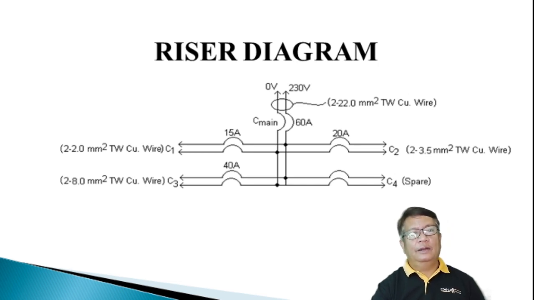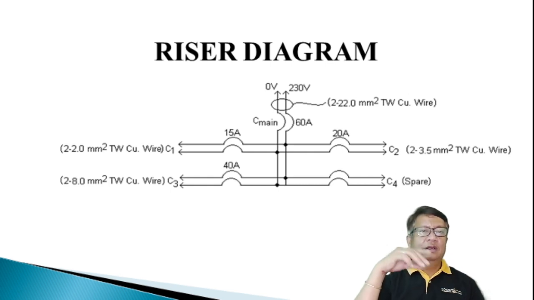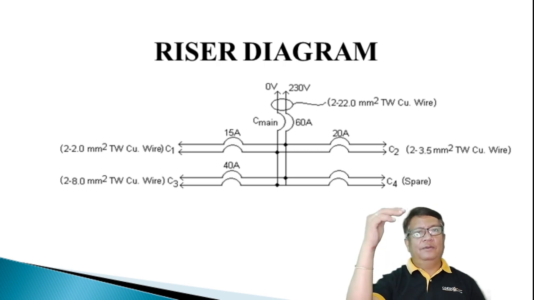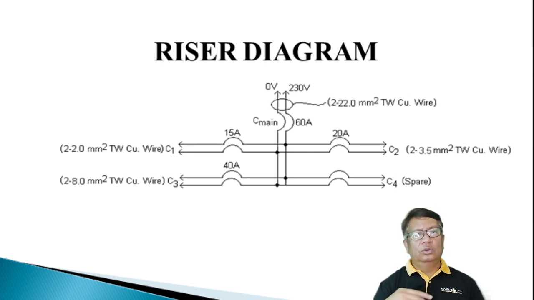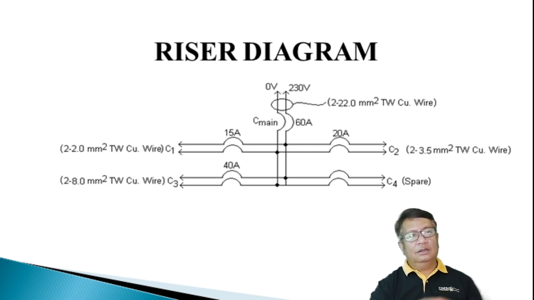For example, this panel board, the main distribution panel, the sub feeder, you can find in the third floor, in the fourth floor, and so on. So it is easier to locate all these panel boards if we have this riser diagram. But anyway, I include this one here, even though we are just designing this residential building, because later on you can use it.